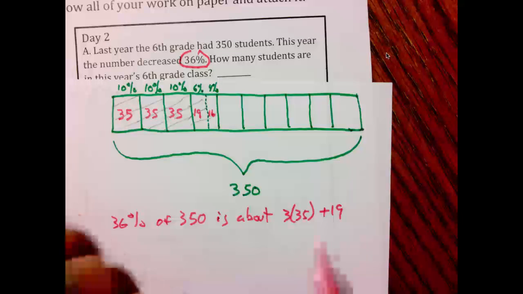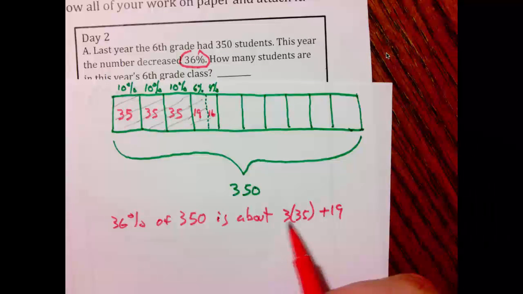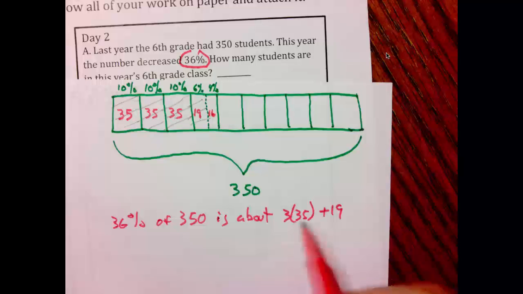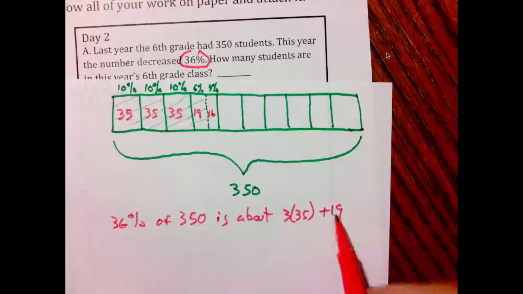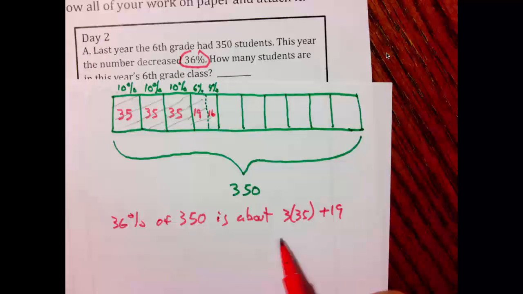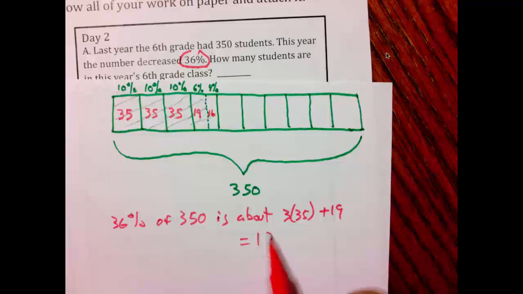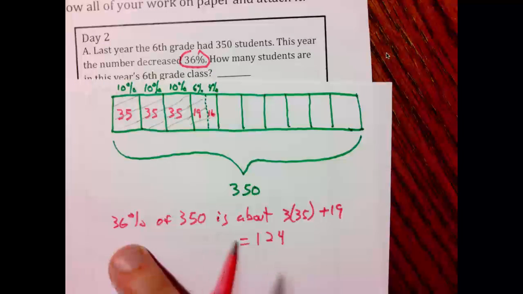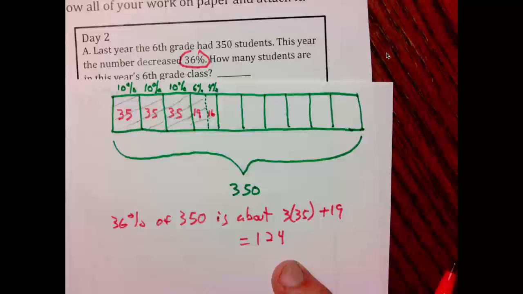We could come over to our scratch paper. 3 times 35 is going to be 105, and 19 will be 124. So 36% of 350 is 124.